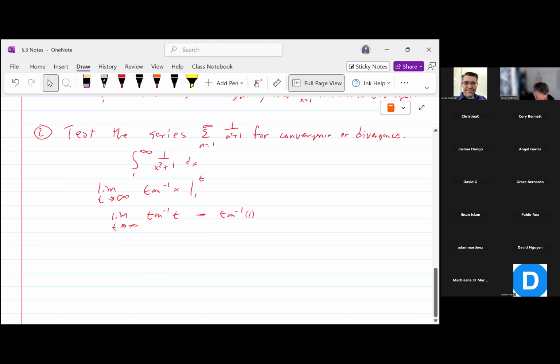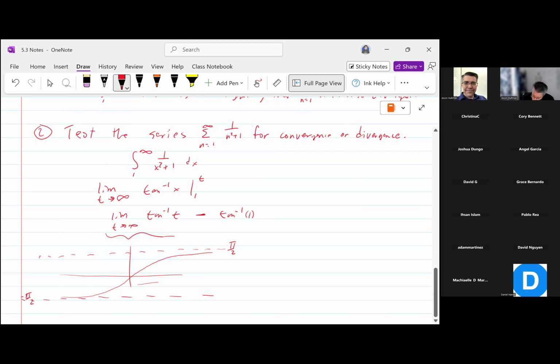So what does the inverse tangent of t look like as t goes to infinity, as we let this go bigger and bigger? Well, the inverse tangent looks like this, and it has asymptotes at pi over 2 and at negative pi over 2.